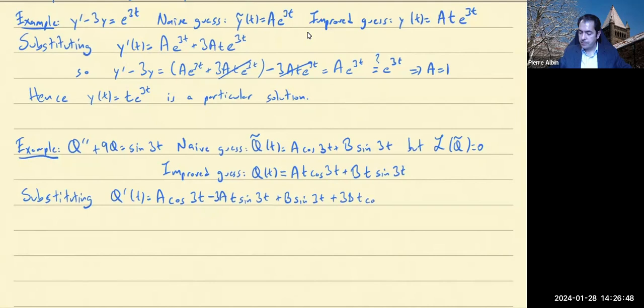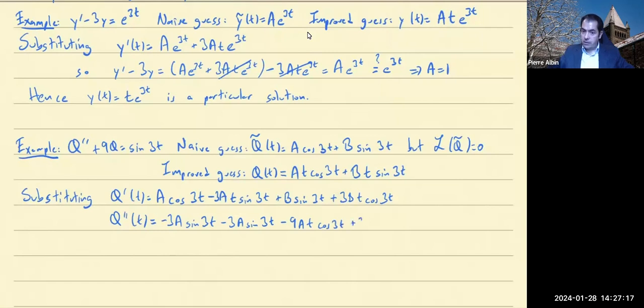Sorry, the sine produces cosine, right? And so we keep going like this to compute the second derivative. So this term would give us minus 3a sine of 3t. Then this next term will give us minus 3a sine of 3t minus 9a t times cosine 3t.